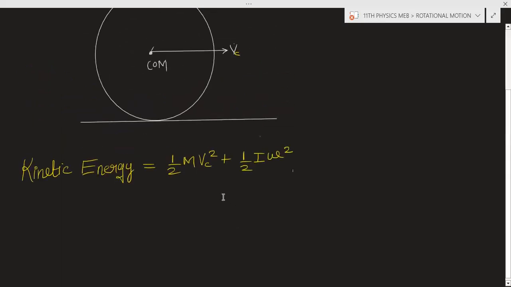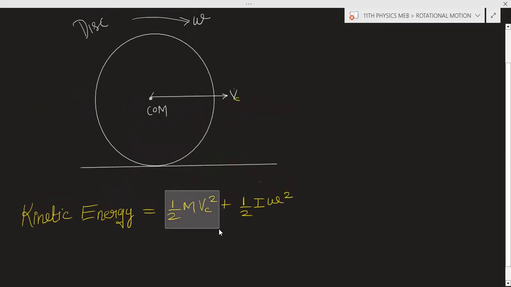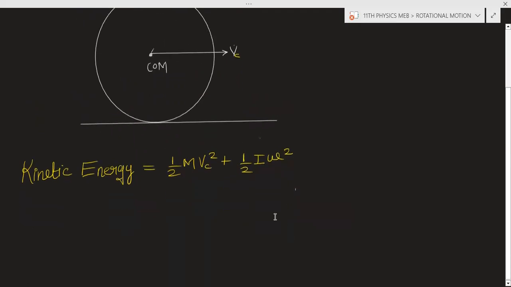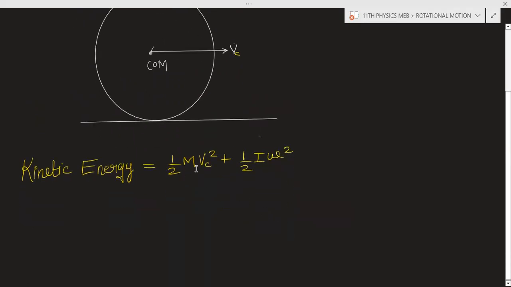Now kinetic energy of body is basically this kinetic energy, and this kinetic energy is due to the linear motion. This is due to the velocity of center of mass, half m into vc square, and this half I omega square is the rotational kinetic energy we have seen. Okay, so total kinetic energy will be half m into vc square plus half I omega square, and I is the moment of inertia about the center of mass.